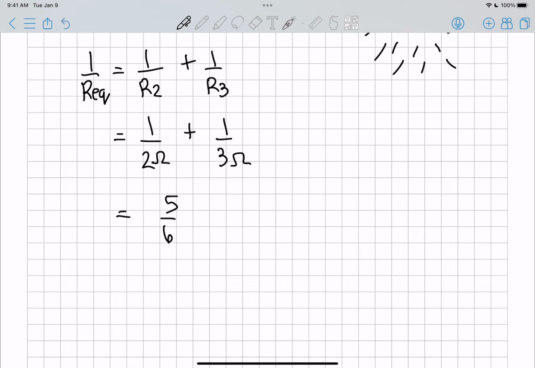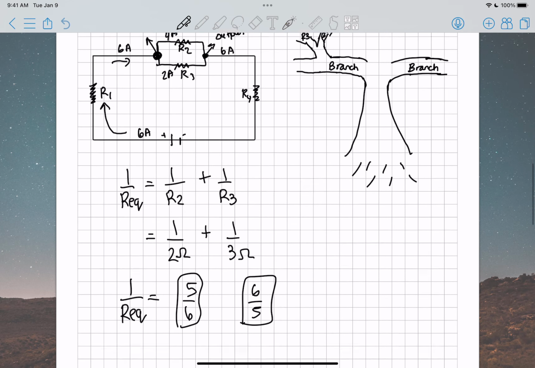It's actually 6/5, because remember, 5 over 6 is only equal to 1 over R EQ. So we have to flip it and simplify to get R EQ alone. You would actually just take the reciprocal of your sum to get the actual equivalent resistance, which is 6/5.